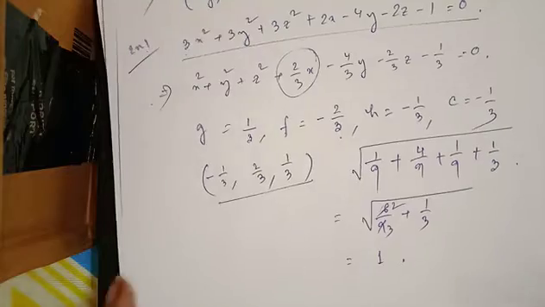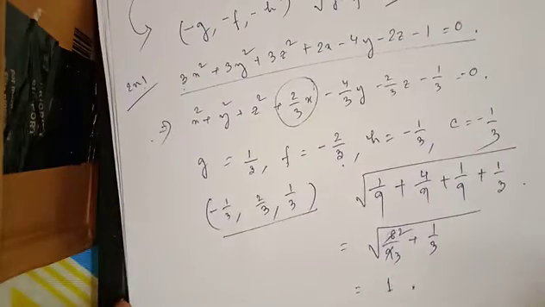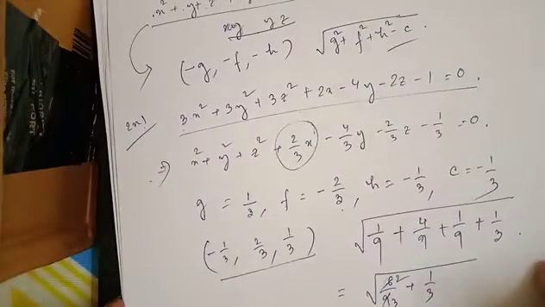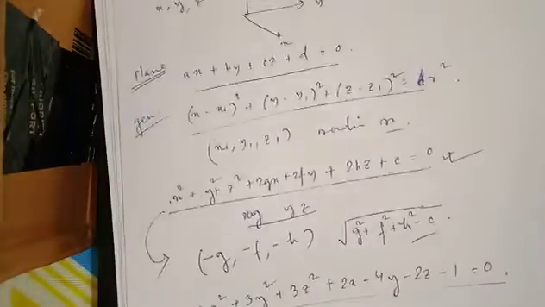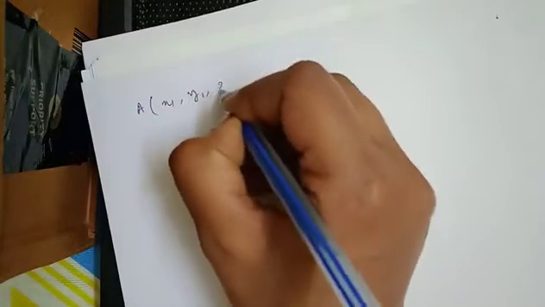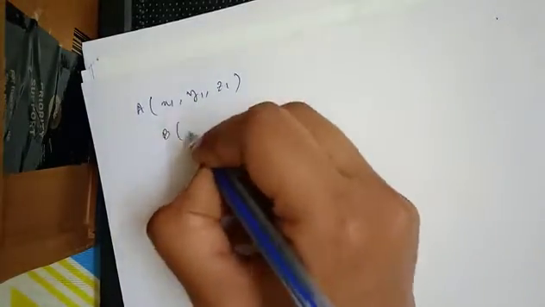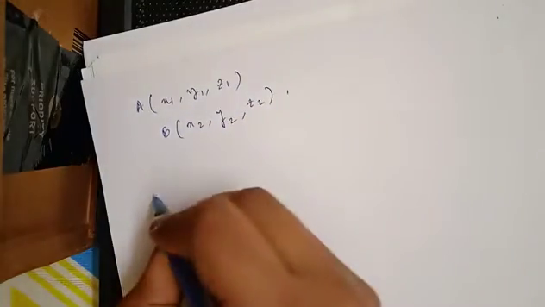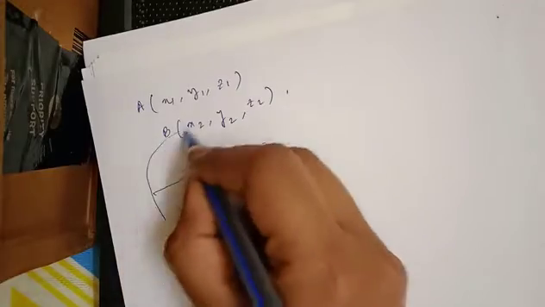Next topic is the equation of a sphere when the diameter or the extremities of the diameter are given. So here suppose two points A (x1, y1, z1) and B (x2, y2, z2) are the extremities of a diameter of a sphere.